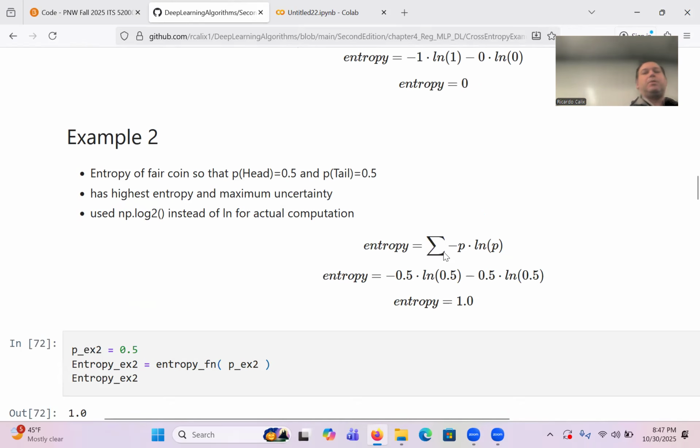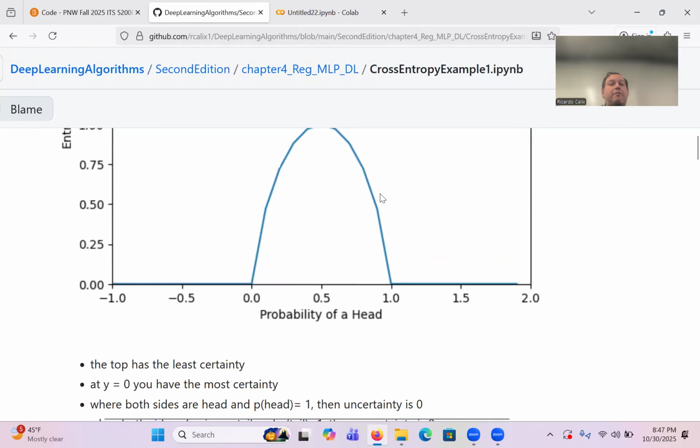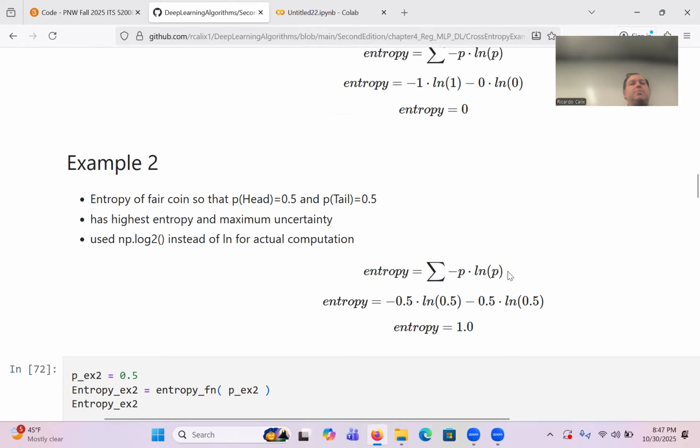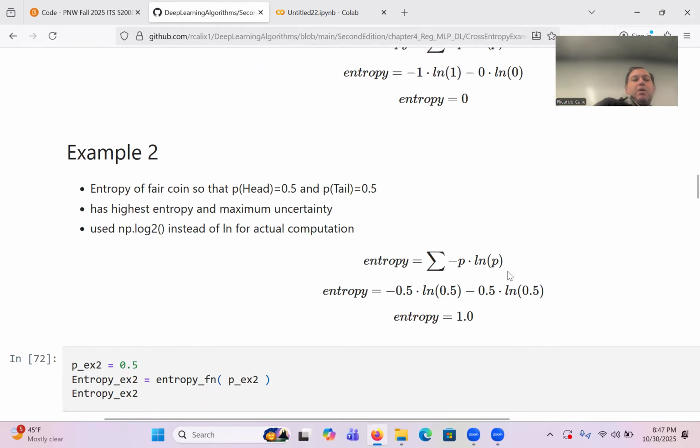The other example, because machine learning is not going to create a graph, so it's not going to create a plot. It needs to use the formula. So example 2, entropy for a fair coin, so that p head is 0.5 and p tail is 0.5. This has the highest entropy and maximum uncertainty. And notice I'm using logarithm base 2 for the actual computation.